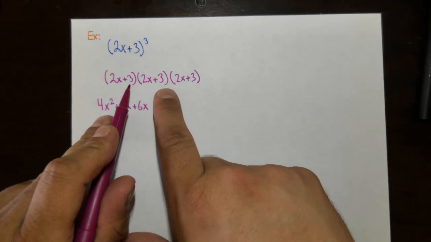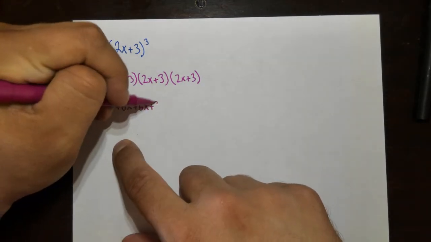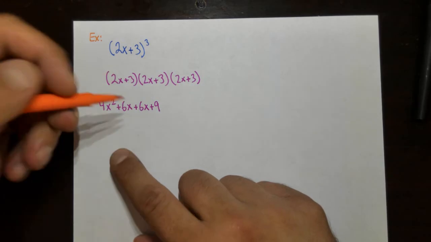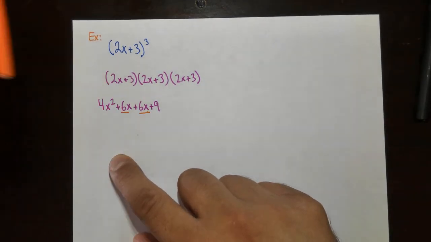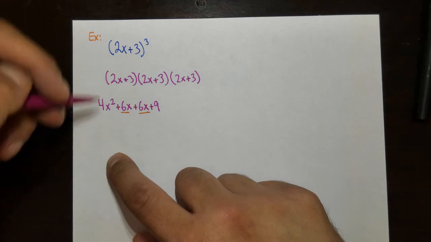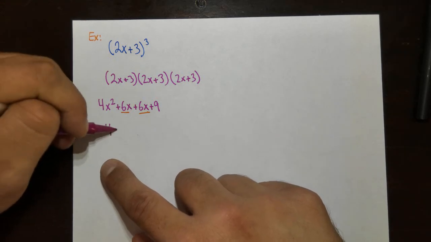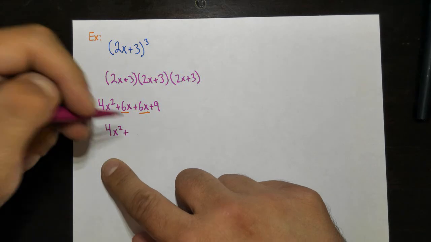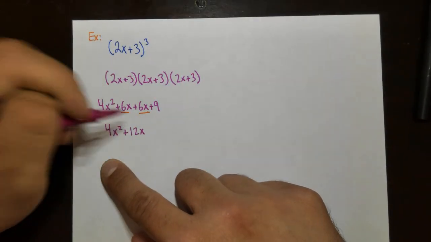And 3 times 3 is 9. So again, before we continue, we want to combine like terms. We have 2 linear terms, so let's combine those. 4x squared plus 6x and 6x is going to give us 12x, plus 9.